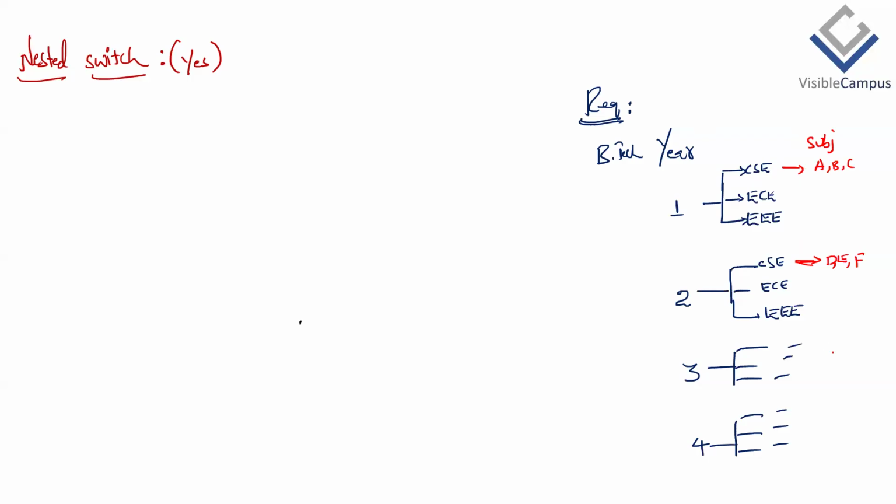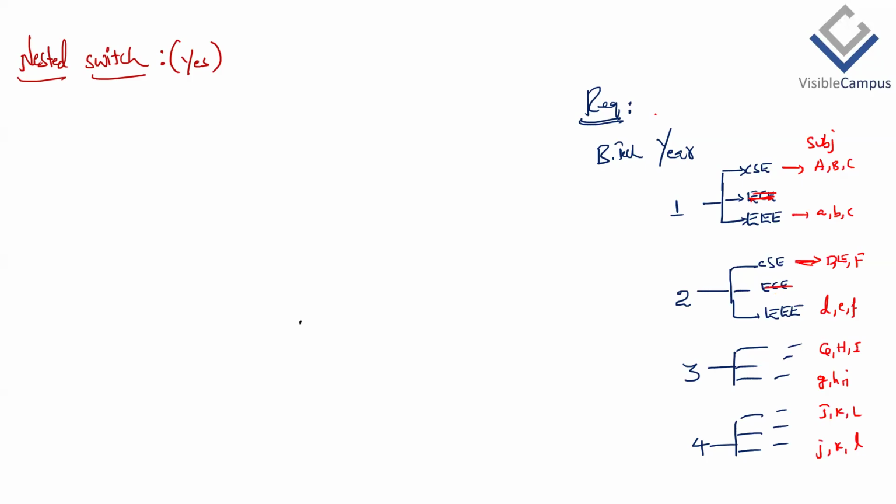Then here, say GHI. Then JKL, something like this. If I take all 3 branches, it will be very lengthy, so I'll take only triple E. ABC is the subjects for first year, then DEF for second year, GHI, then JKL. Just assume that.